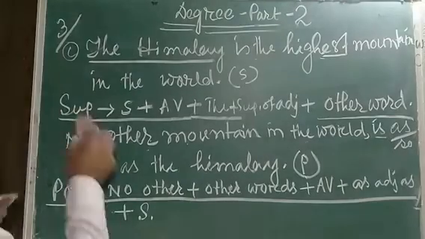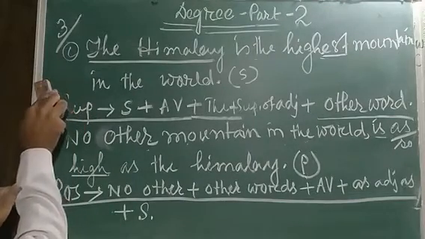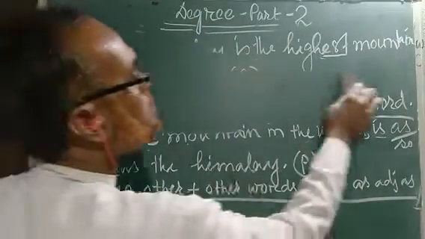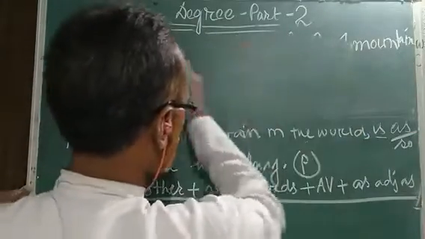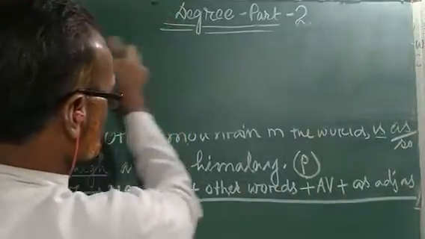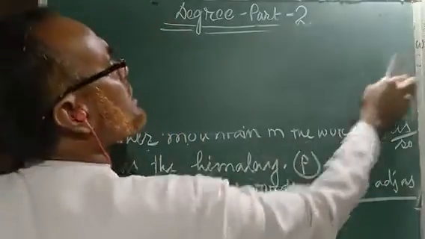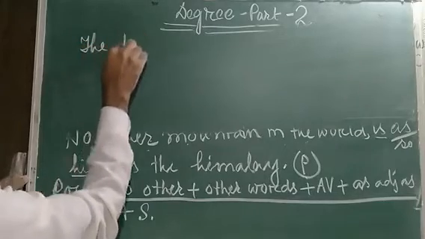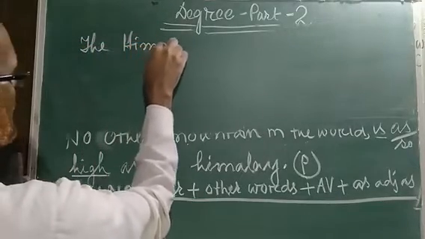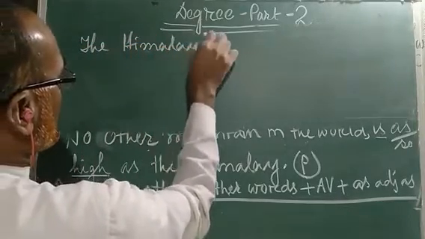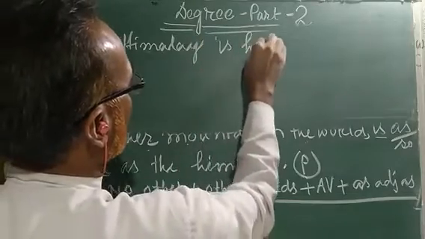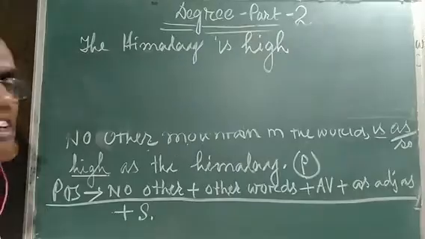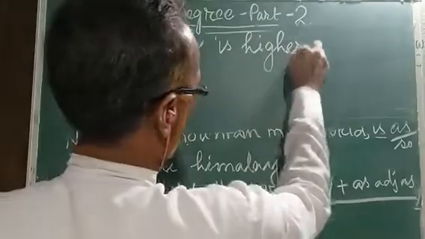Now this sentence, the Himalaya is the highest mountain in the world, we will turn into comparative degree without changing the meaning. The Himalaya is higher. The adjective is "high", then we must add "er" with it, that is "higher".